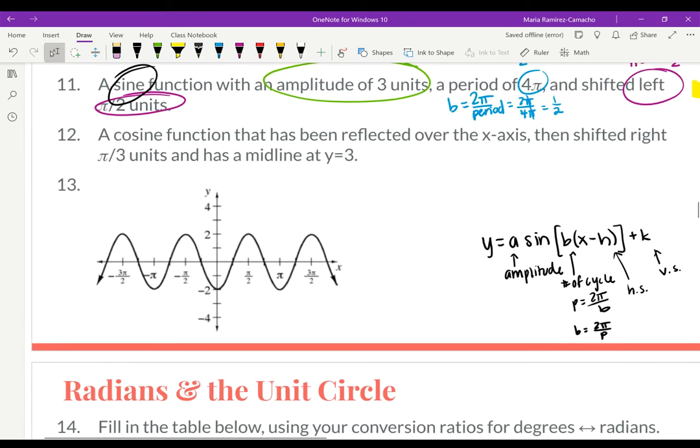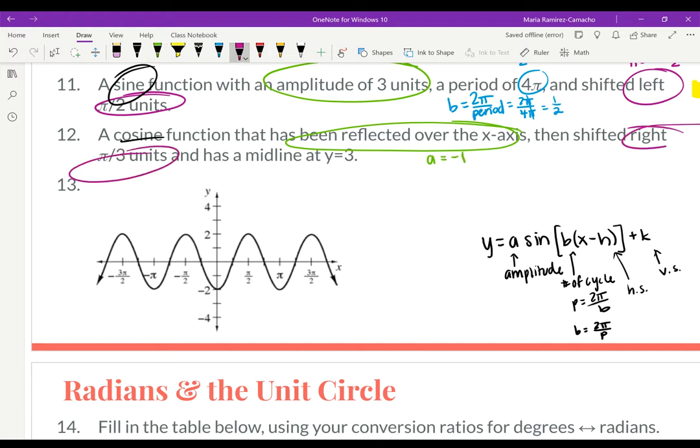Okay, for number 12. A cosine function that has been reflected over the x-axis. So our A is -1. Then shifted right pi over 3 units. That's a positive H value. And has a midline at y equals 3. That's our K value.